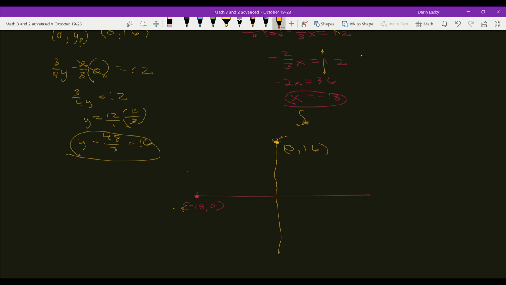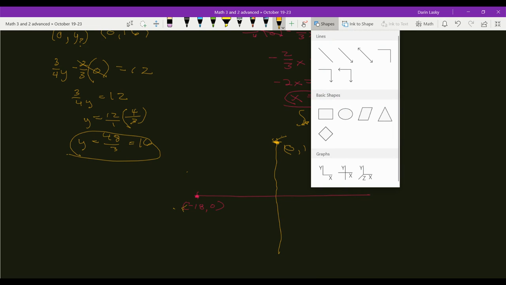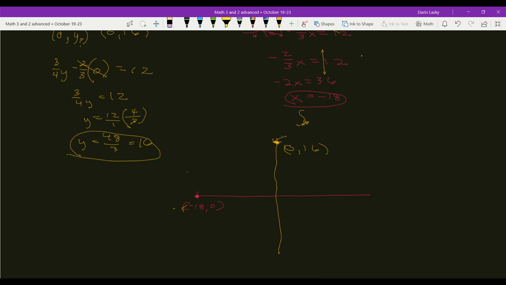Let's try one more. I don't know why it's not working, guys. So you would draw your line roughly through those 2 points right there. Sorry for the ugliness of this one, but I'm trying this new pad out and it's not working very good.